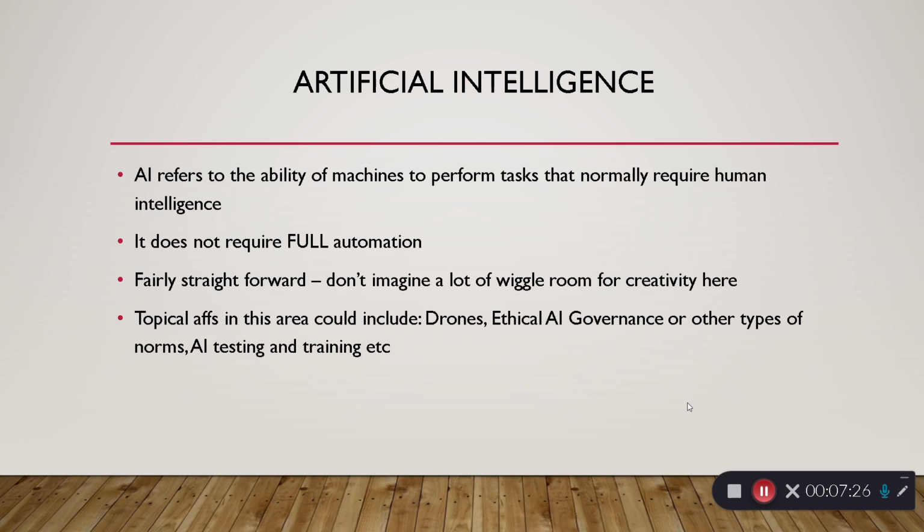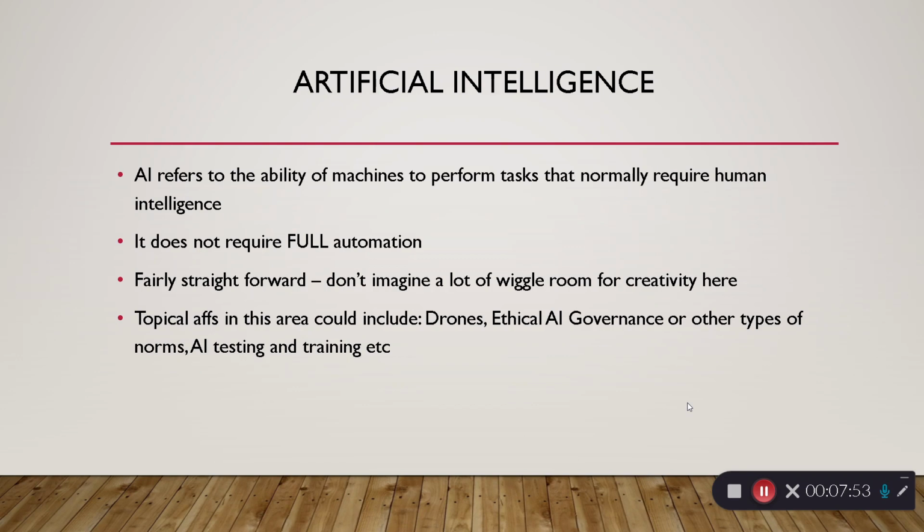It could include creating an ethical AI governance or other type of norms for using AI in warfare or using AI in businesses or in a non-geopolitical sense, but more economic sense or more statecraft sense. It could include AI testing, AI training, etc.